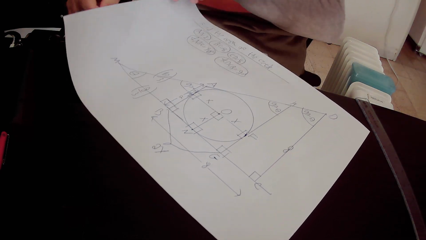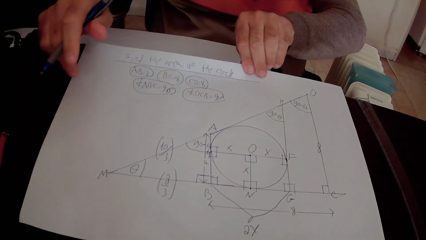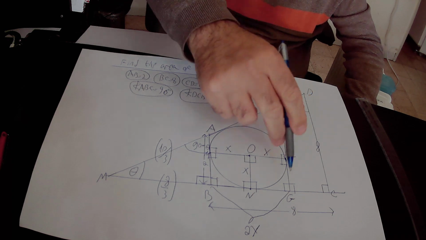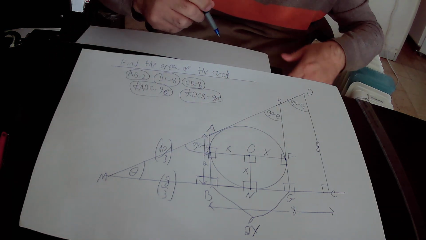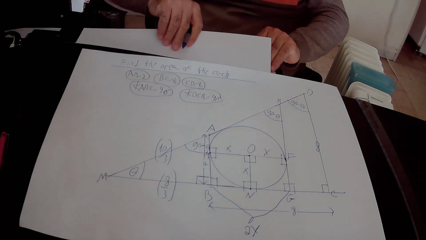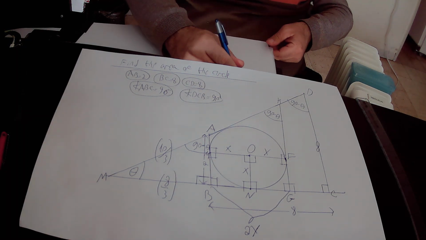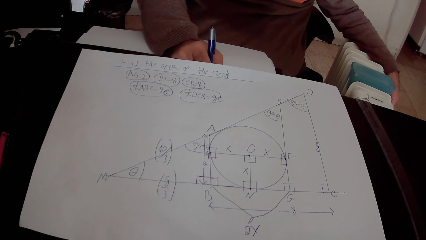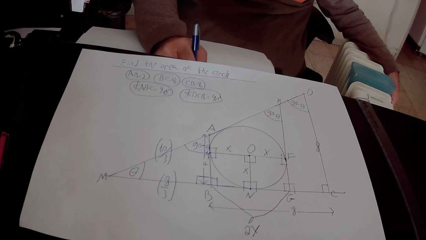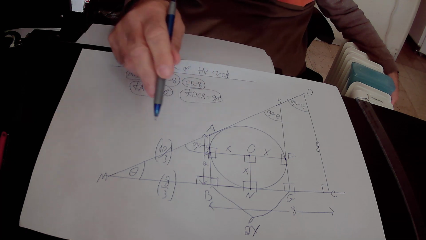In the next step, we'll prove that the big right triangle MKG is similar to the small right triangle ABM.